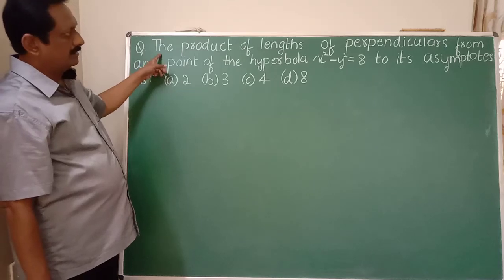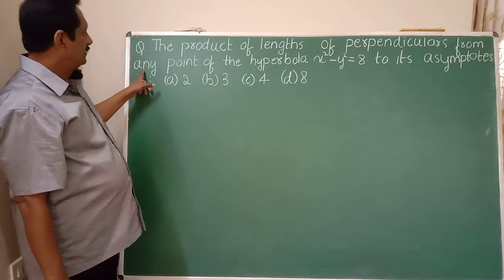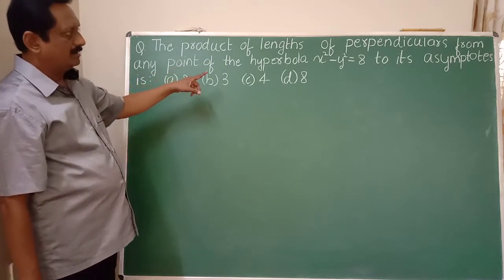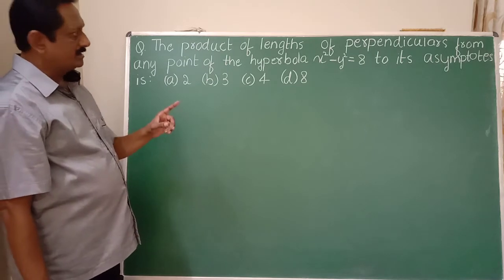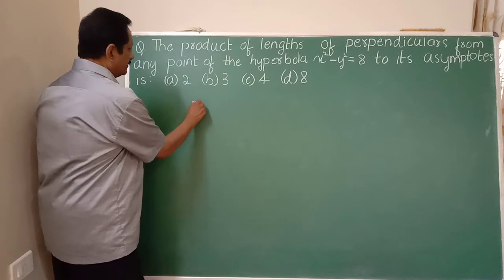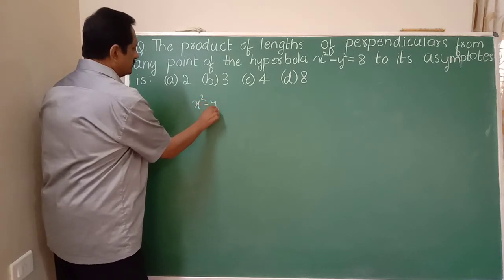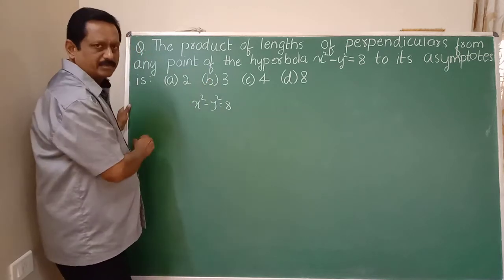The product of lengths of a perpendicular from any point on the hyperbola x square minus y square is equal to 8 to its asymptotes. Here x square minus y square is equal to 8, the equation of the hyperbola.